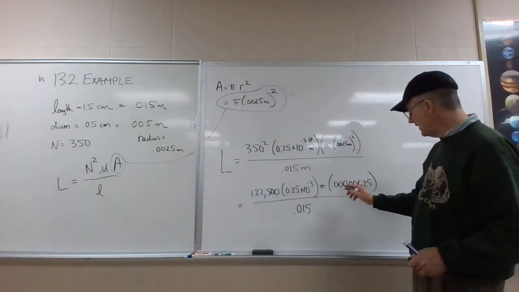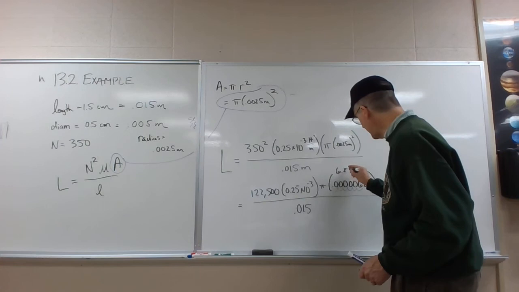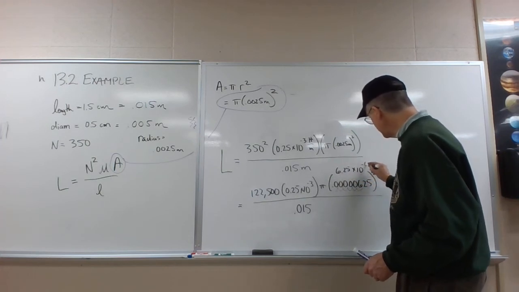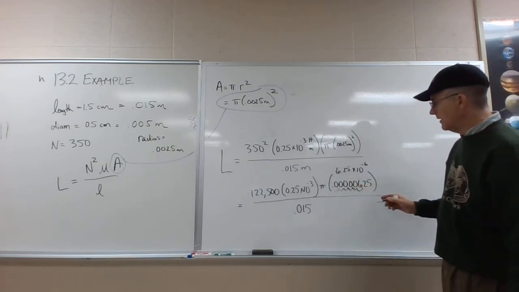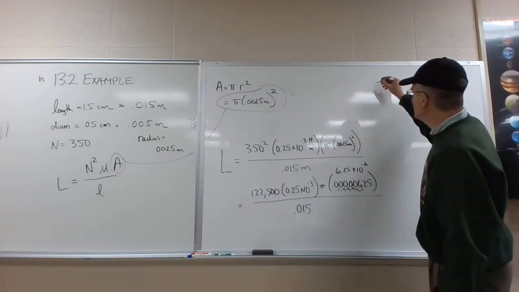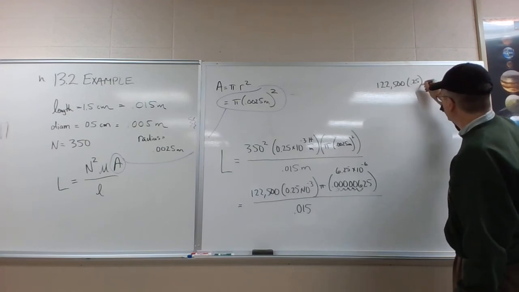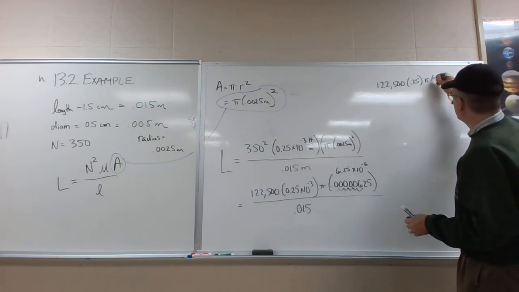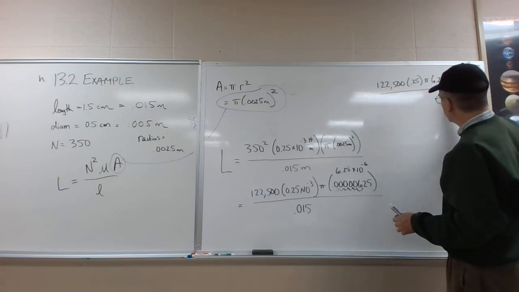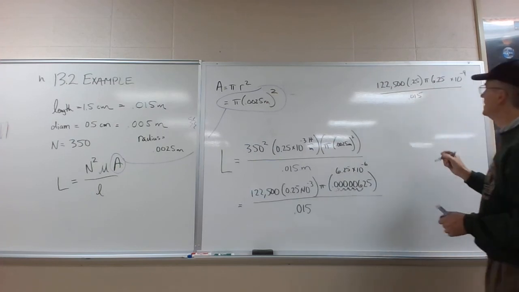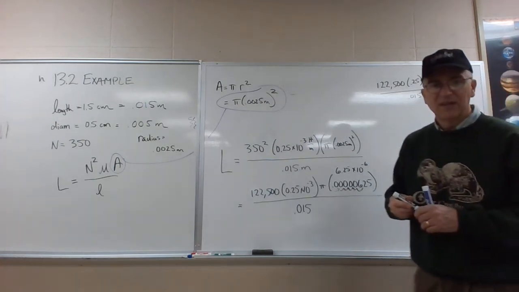Let's see, 1, 2, 3, 4, 5, 6. So that's 6.25 times 10 to the -6. Okay, so -3 and -6 will be -9. So this is going to be 122,500 times 0.25 times pi times 6.25 times 10 to the -9, all divided by 0.015. So I'm going to multiply this times this times this times this divided by this, and it'll be times 10 to the -9 over there.